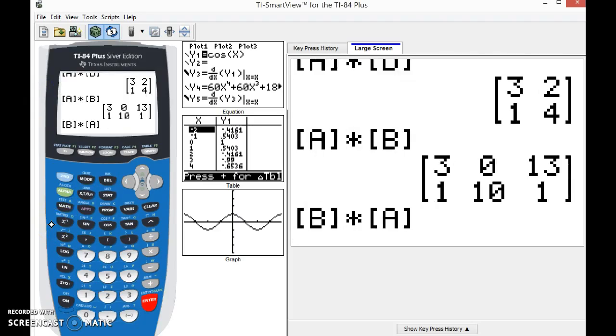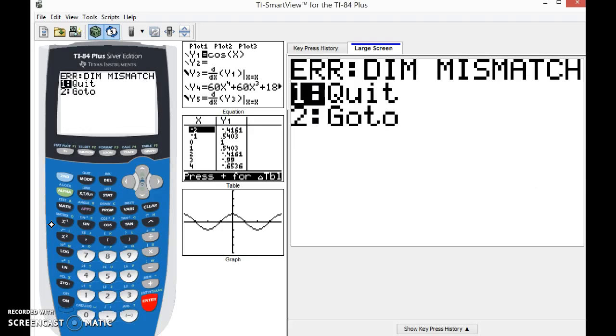Not only is it not the same thing, it can't even be done, right? I get another one of those error messages that say, hey, there's something wrong with your dimensions. What's wrong with my dimensions? Inside numbers are not the same, right? So I can't do that.